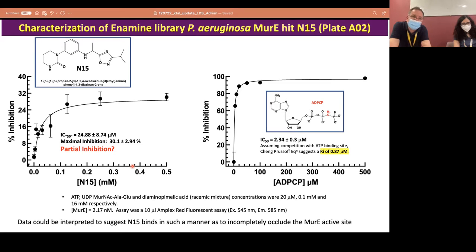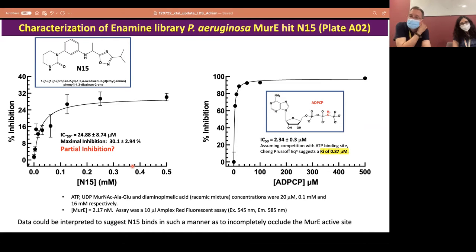This turns out to be a little unusual in that if you look at the percentage inhibition versus N15 concentration, you get what looks like partial inhibition, and the half maximal effect is around 25 micromolar. Partial inhibition, if it's true, means that the molecule is occluding the active site, but not to the extent where it actually shuts down catalysis.